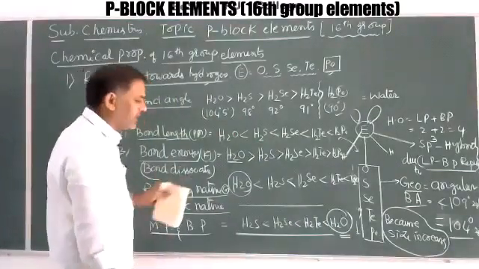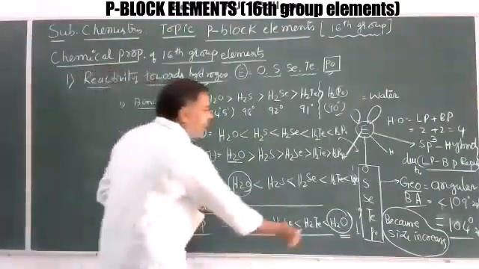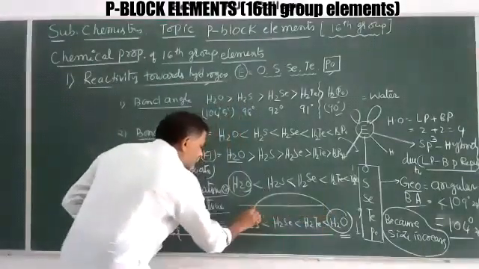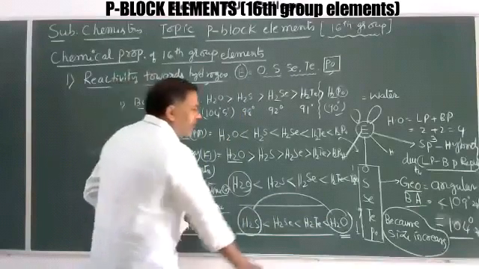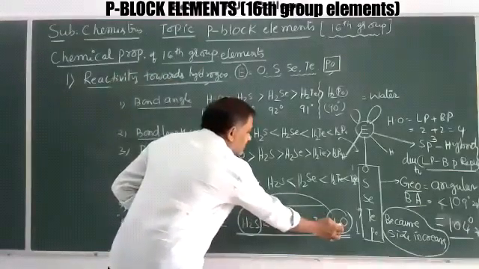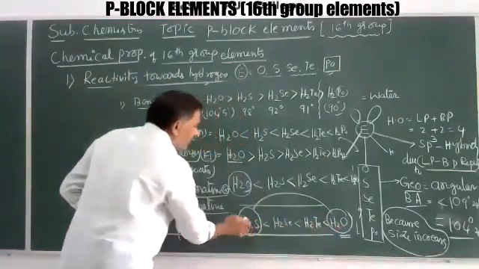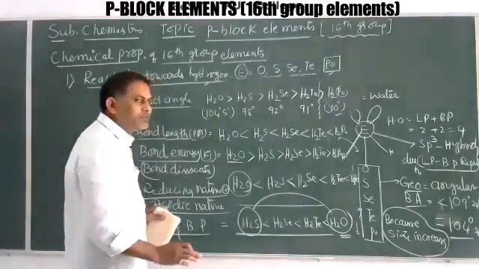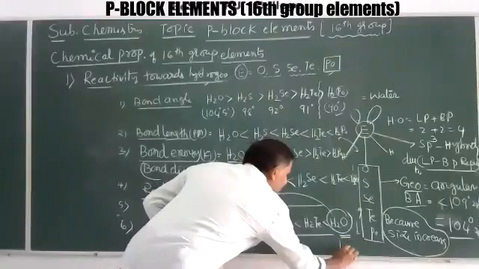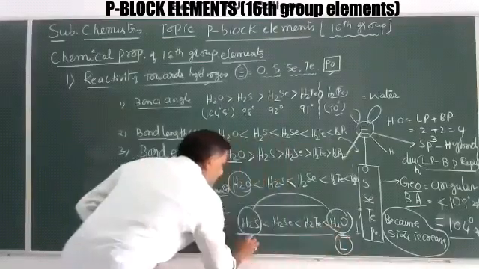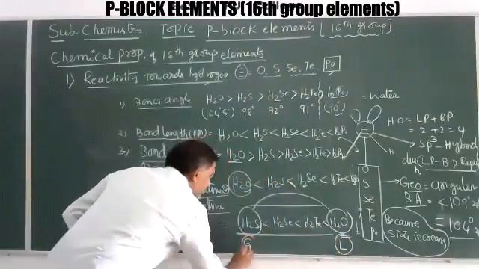The reason behind that: in water, unlike H2S, there is one good reason. Intermolecular hydrogen bonds are present in water, whereas only weak van der Waals forces are present in H2S. Due to this reason, H2O exists as a liquid, whereas H2S exists as a gas.